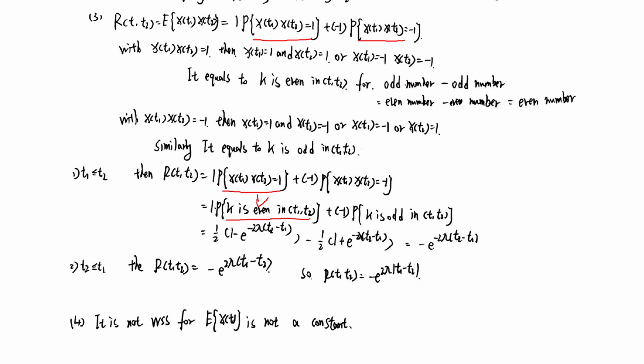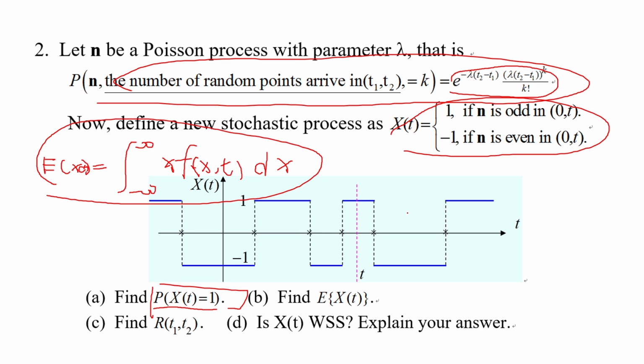An even number minus an odd number is also an odd number. So we perfectly transfer this circumstance into this: the probability that k is odd in the range between t1 and t2, and it can also be calculated by applying this.